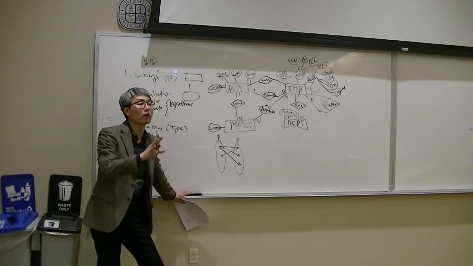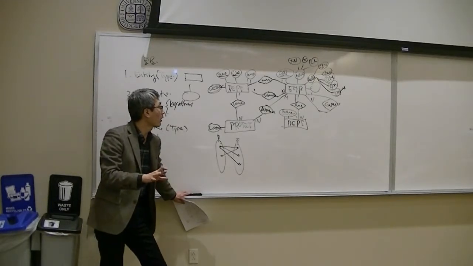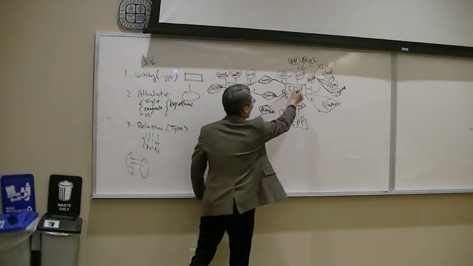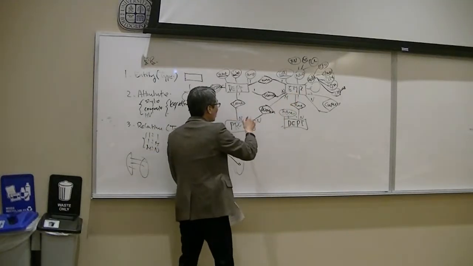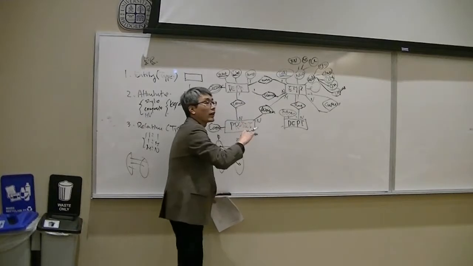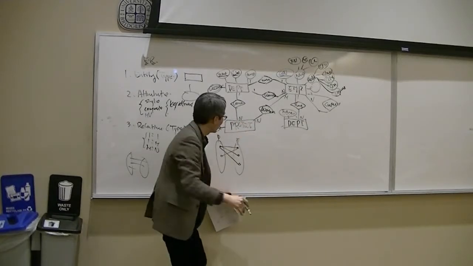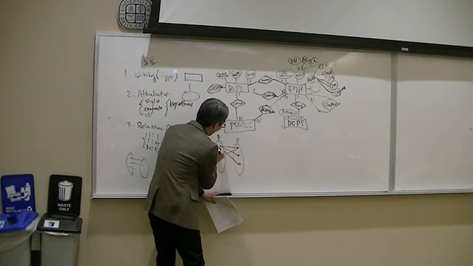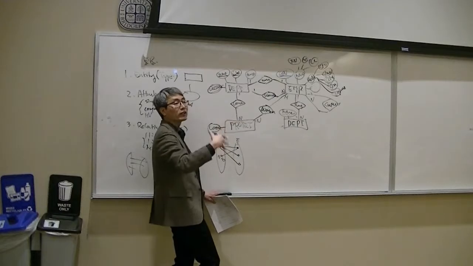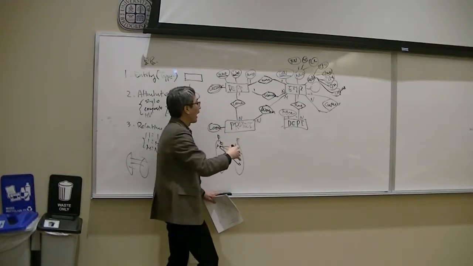If you read the requirement carefully, the one employee works on many projects, then number of hours. So for example, employee 1 works on project 1, 10 hours. Employee 1 works on project 2, 20 hours. Something like that. So we need to manage such a number of hours.